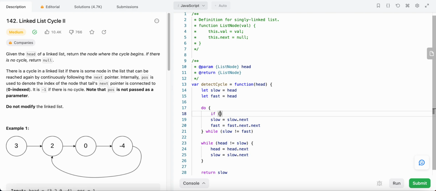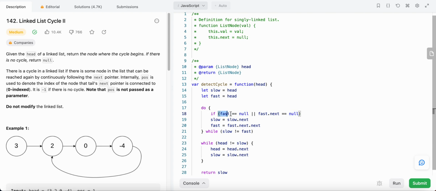So what we are going to do is, since this loop is to check for cycles, we are going to check if fast is equal to null, or if fast next is equal to null. That would mean that at some point the linked list is pointing towards null, and that point is the end of the linked list.